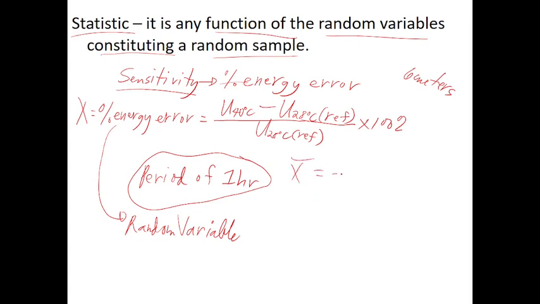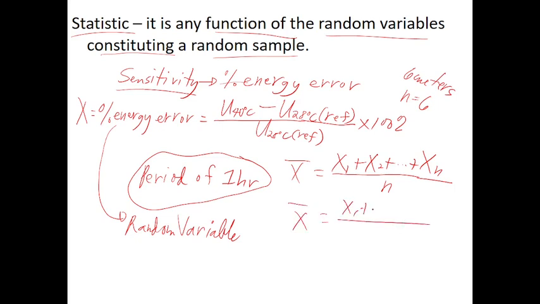So getting the average denoted by x bar: first meter 1, meter 2, up to meter n, over n. So I have 6 meters that I considered. So I have x sub 1, x sub 2, up to x sub 6, over 6.